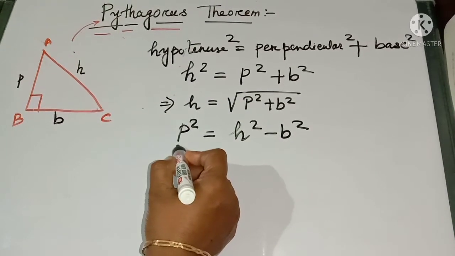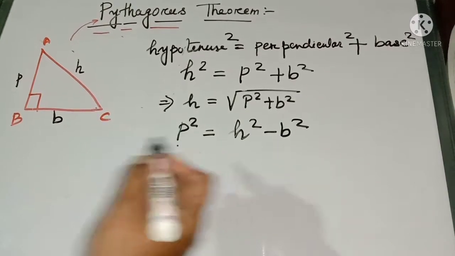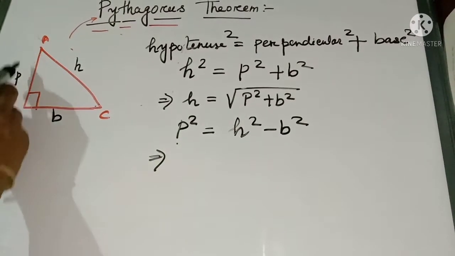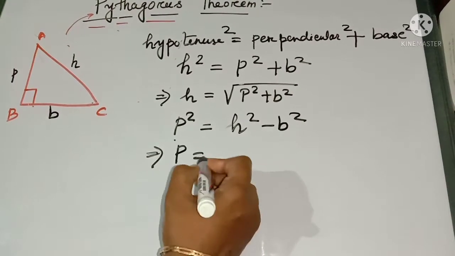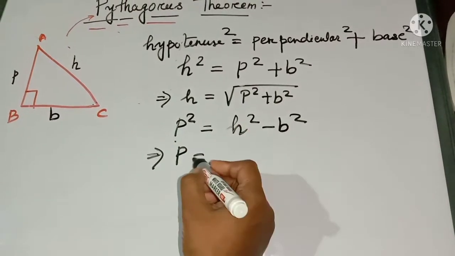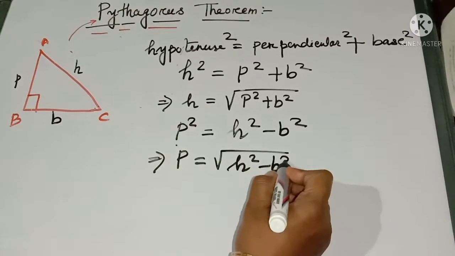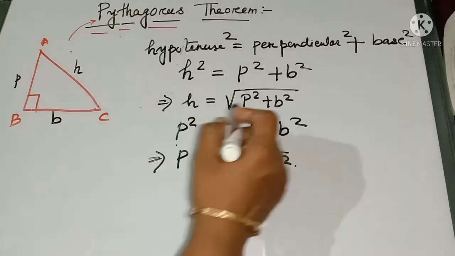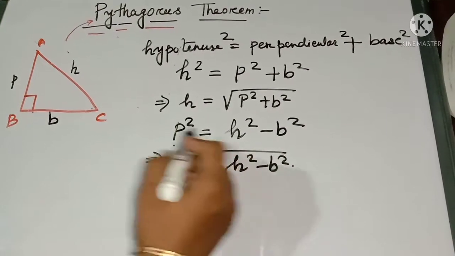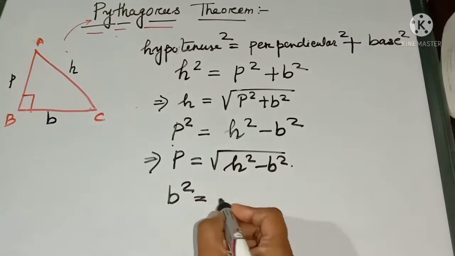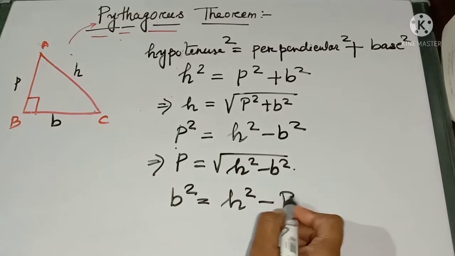So I have written here perpendicular square equal to hypotenuse square minus base square. Now if your question is to calculate the length of AB, or the perpendicular, at that time you will write P equal to root over of hypotenuse square minus base square. Similarly, if you have to find base square, the longest side is the hypotenuse, so base square equal to hypotenuse square minus perpendicular square.